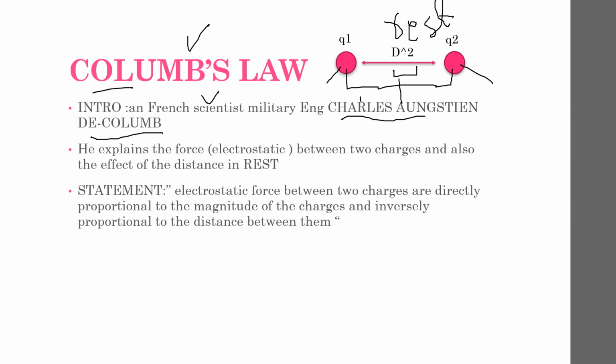Now, Coulomb states that the electrostatic force, we know that when two charges are at rest, the force between them is called electrostatic force. Here the word static means rest.